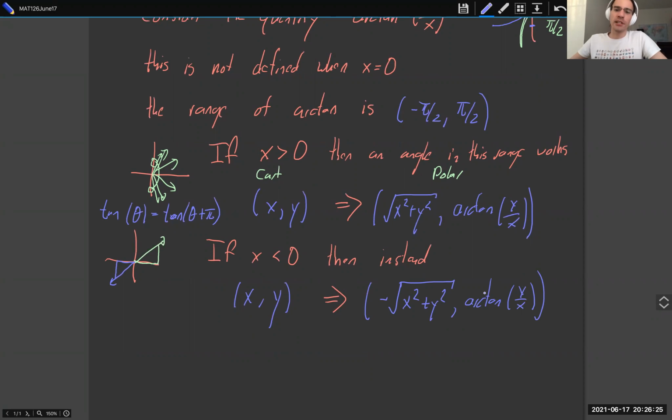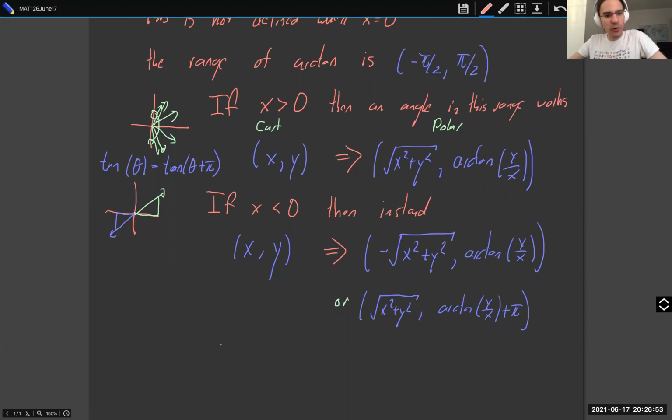There are different formulas for this. Again, the representations aren't unique. Or instead, I could make the radius positive and add to the angle. If you don't like negative radii, then you can say arctan y over x plus pi, right?